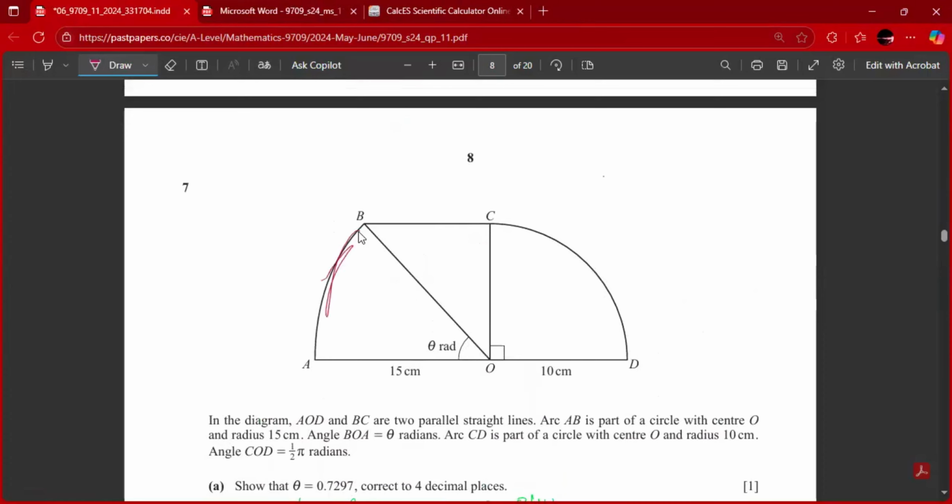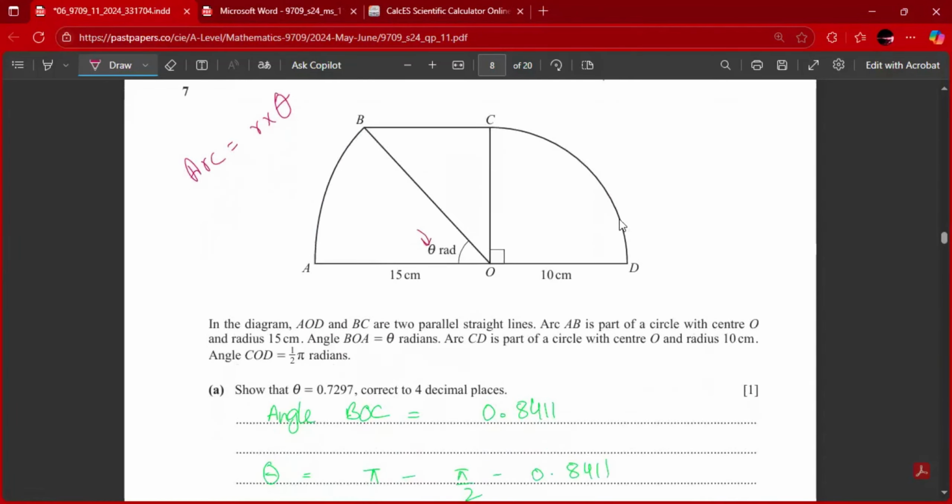Arc length is equal to r times theta, where theta is in radians. Remember, it should be in radians, not degrees. So I have the theta here, which is 0.7297. If I multiply by 15, I'll get my answer.